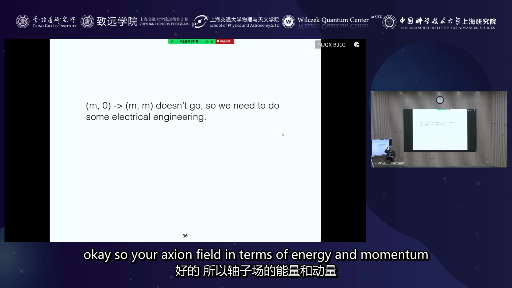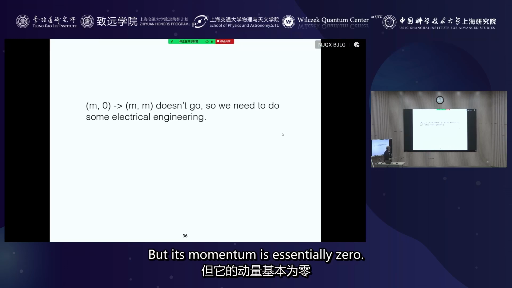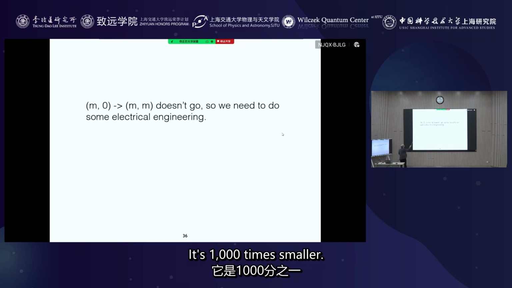Okay, so your axion field, in terms of energy and momentum, is oscillating at its mass, that's the energy, but its momentum is essentially zero. It's 1,000 times smaller.